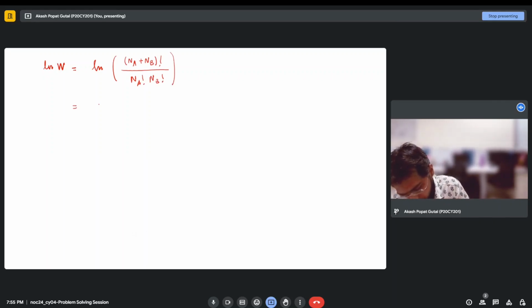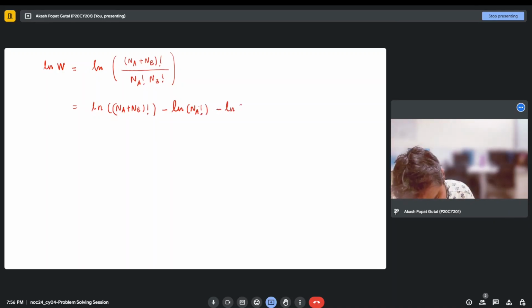By log rules, we have ln of Na plus Nb factorial, minus ln Na factorial, minus ln Nb factorial.